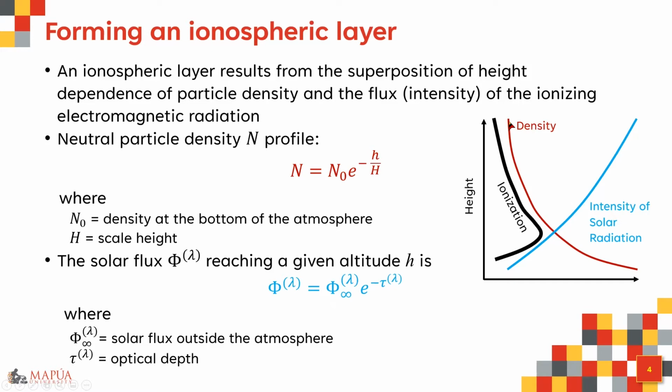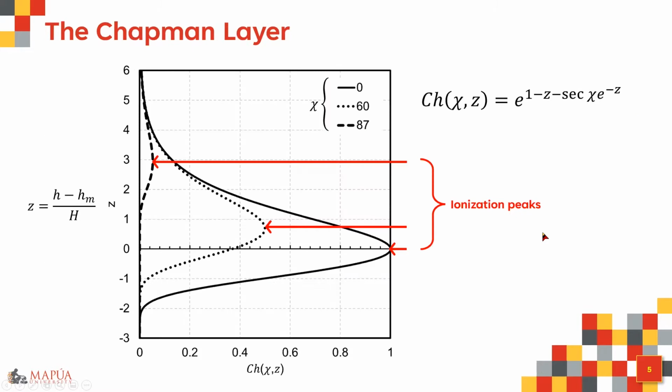Remember that ionization requires a neutral gas and an ionization source. So there must be some height where you have optimum ionization. This maximum is depicted in what we call the Chapman layer.